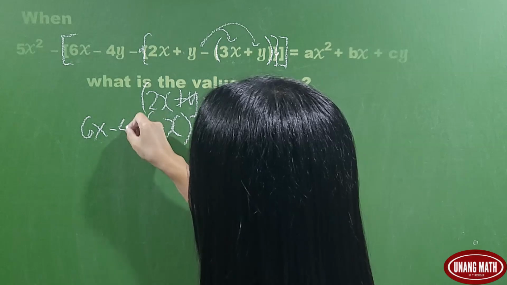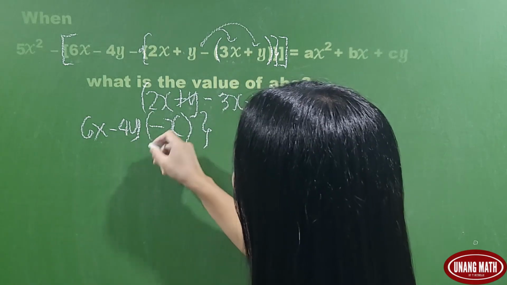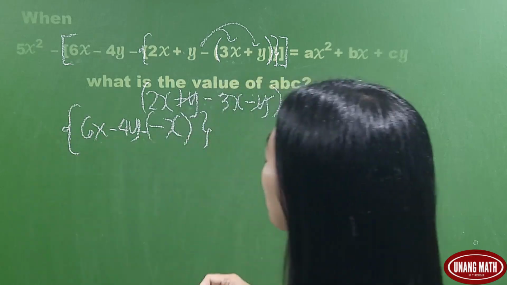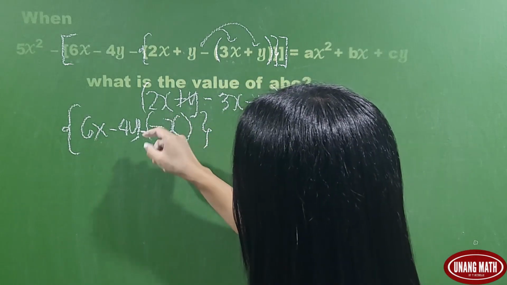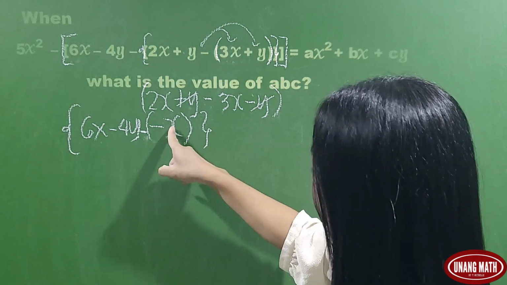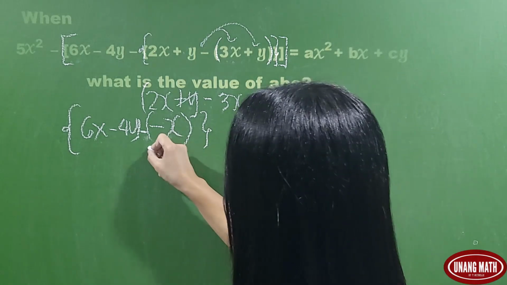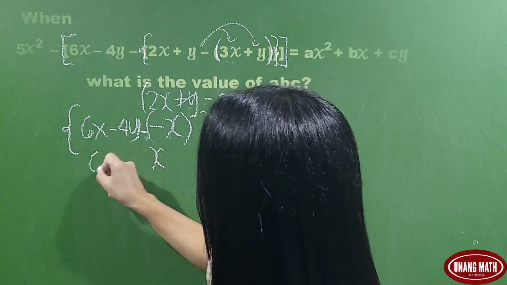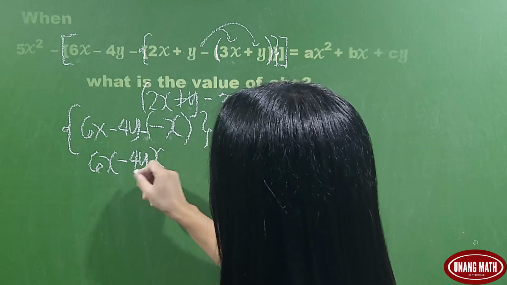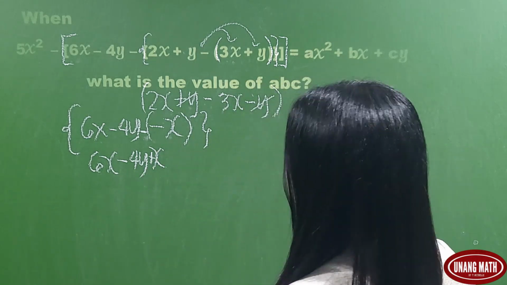So what we need to do this time is 6x minus 4y minus this expression inside this parenthesis. Okay, this is negative or minus. So negative times negative, it becomes positive. So this is now x. So we have 6x minus 4y plus x.